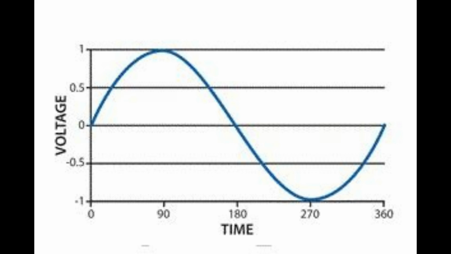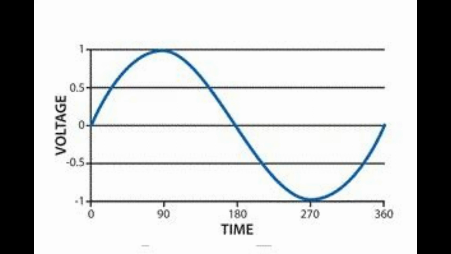So AC is that the voltage value will be varying with respect to time. It will go positive and then negative cycle. The best example is a sine waveform. I will show the waveform here. And this is the most popular AC voltage available all over the world. In certain places we use 50 Hz and in certain places they use 60 Hz.